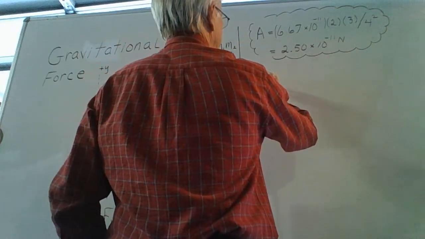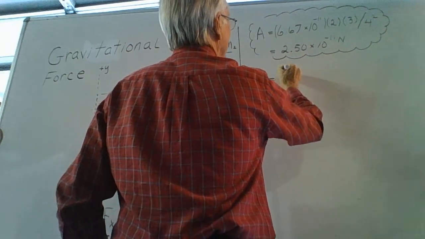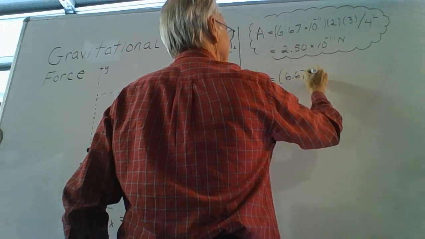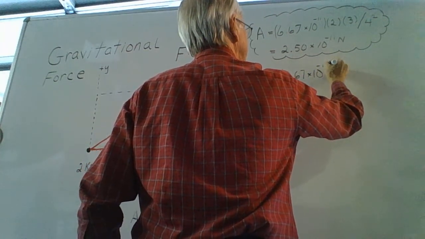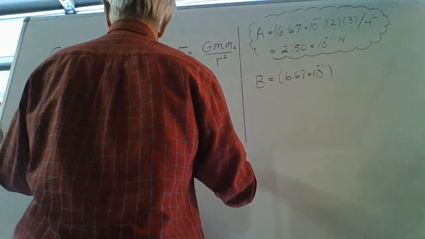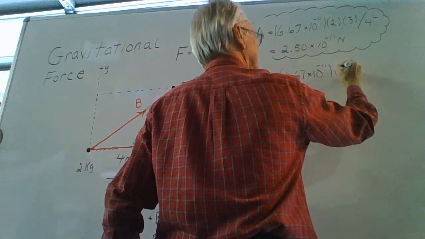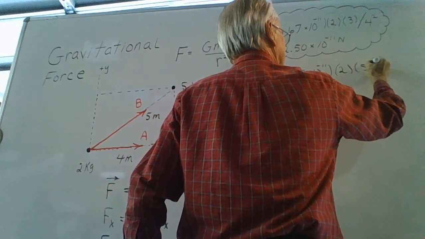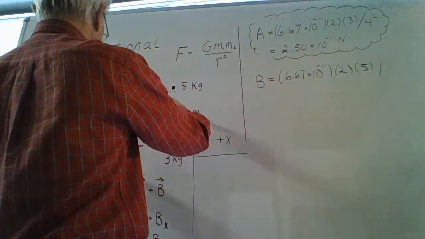Now let's do the B magnitude, the length of the B vector. 6.67 times 10 to the negative 11 times the product of the masses, 2 times 5, all divided by the square of the distance between the 2 and the 5.